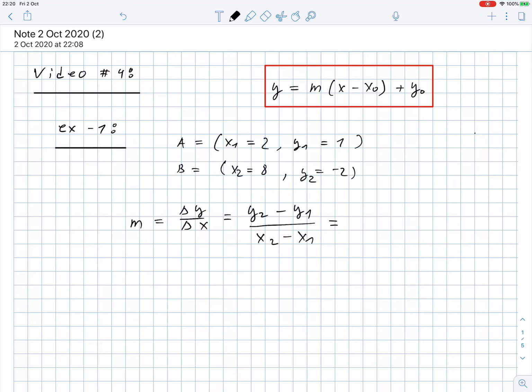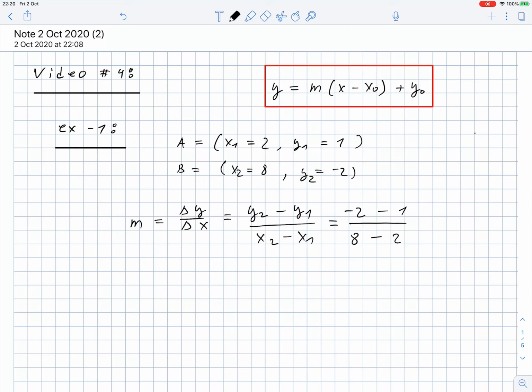Okay, y2 is minus 2, minus y1, divided by x2, which is 8, minus 2, x1.